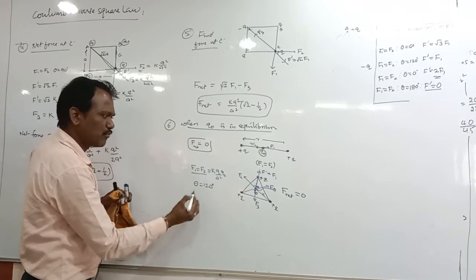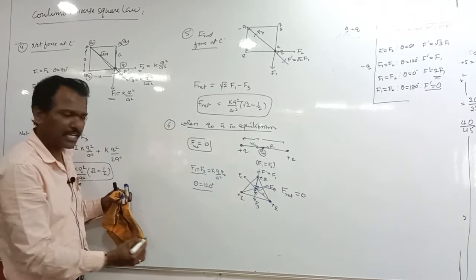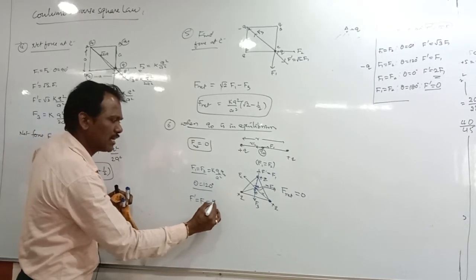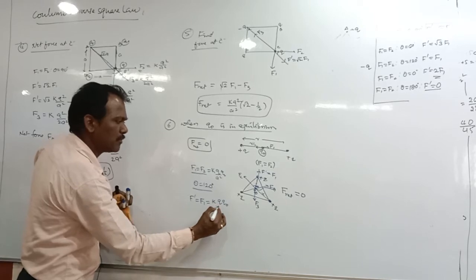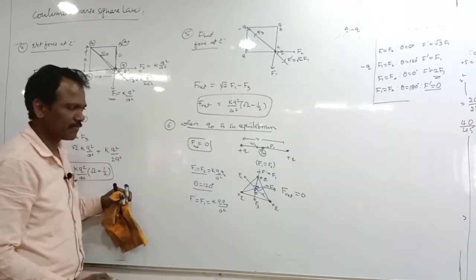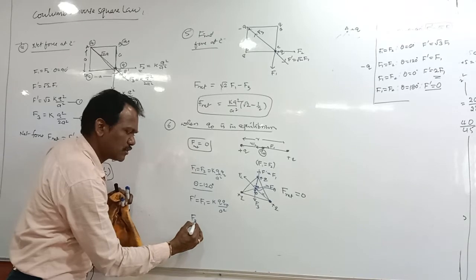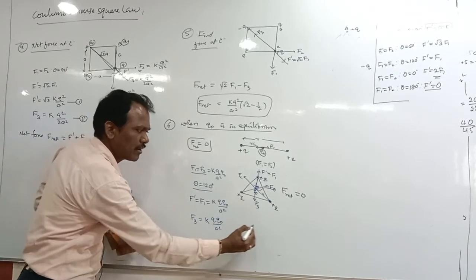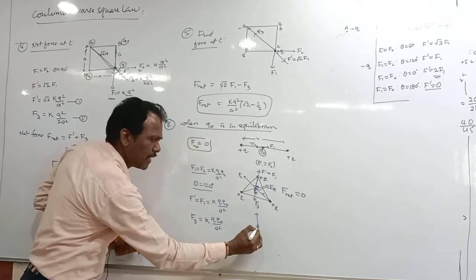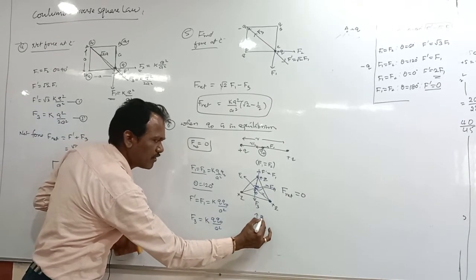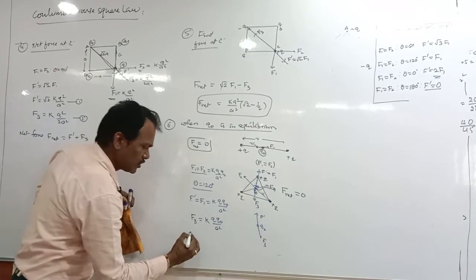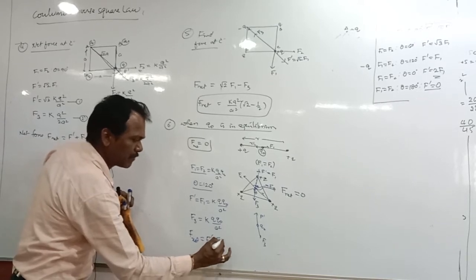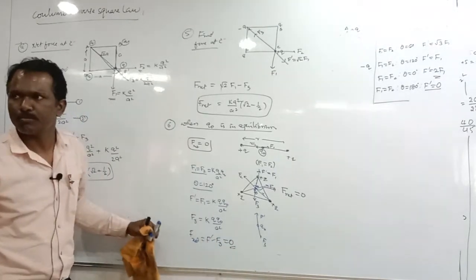When F1 is equal to F2 and theta is 120 degrees, then F dash is equal to F1, that is K q naught by A square. And F3 also we can write as K q naught by A square, which are equal and opposite, F dash and F3. So F net is equal to F dash minus F3, that will be 0.